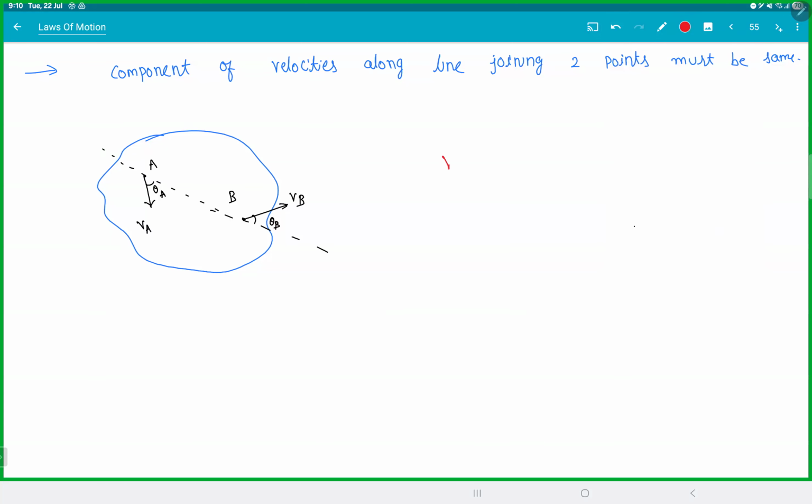So the velocity along the line joining them, this component will be VB cos theta B. This component will be VA cos theta A. These two must be the same, or else the distance between them will change.